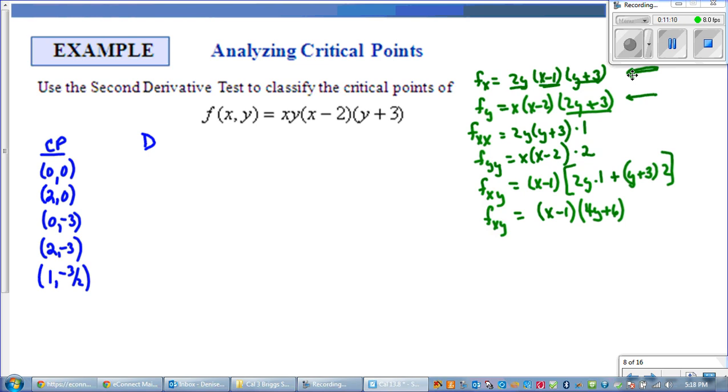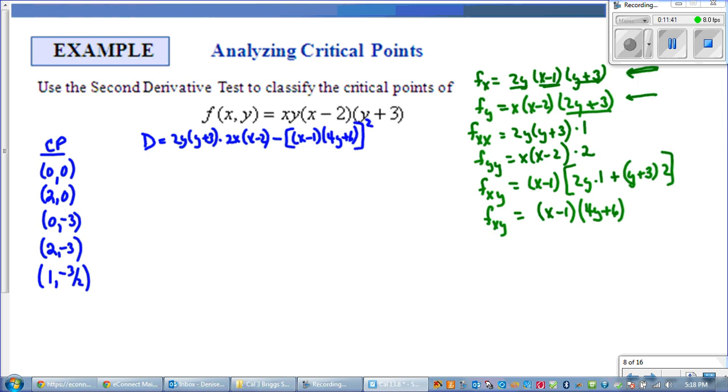And now the discriminant is the second partial with respect to x, so it's 2y(y + 3), times the second partial with respect to y, so that would be 2(x - 2), and then minus ((x - 1)(4y + 6)) squared.